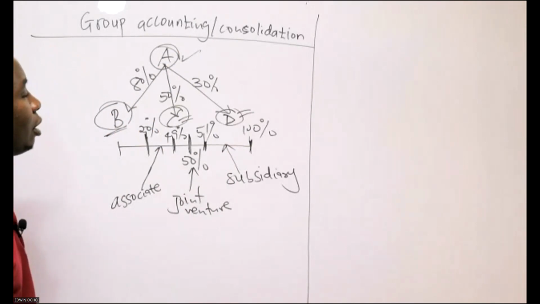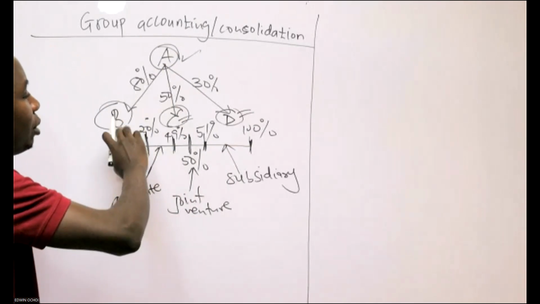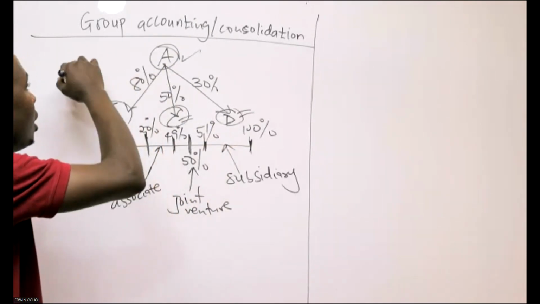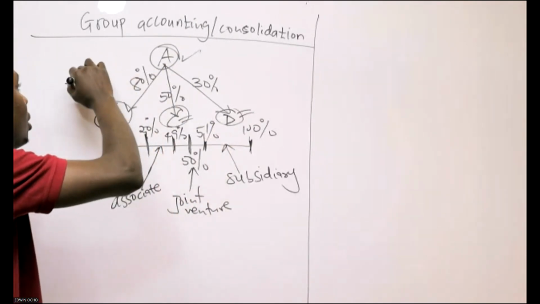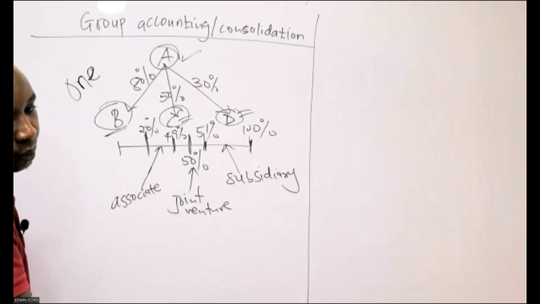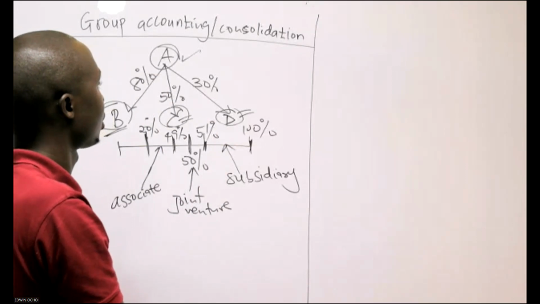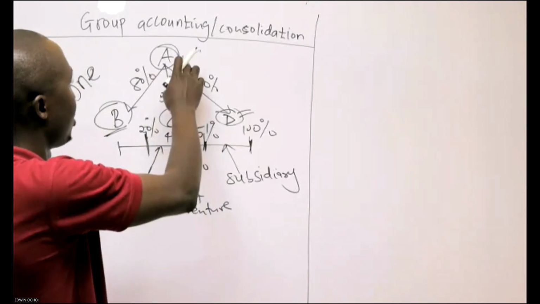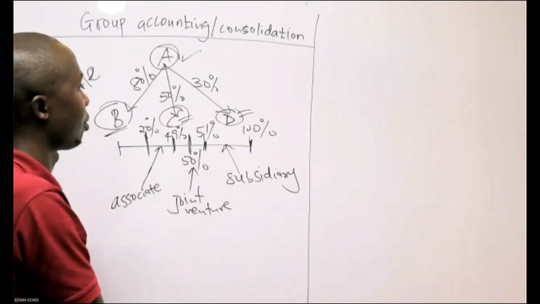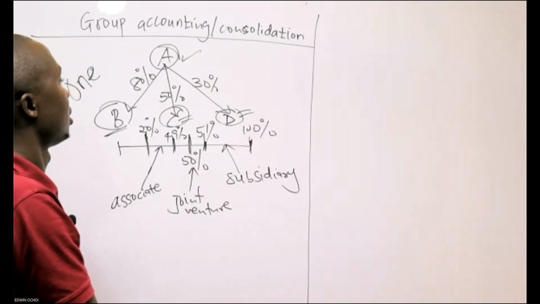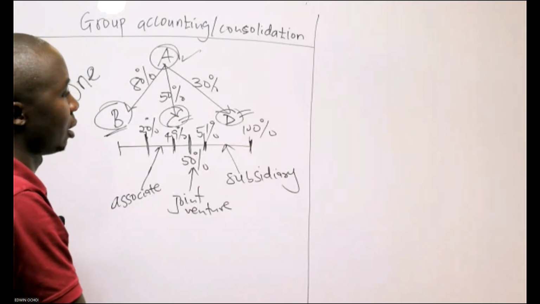So by the end of the year, A must report on the operations of B, C, and D so that they look as if they were one. I think you have understood why we do consolidation.